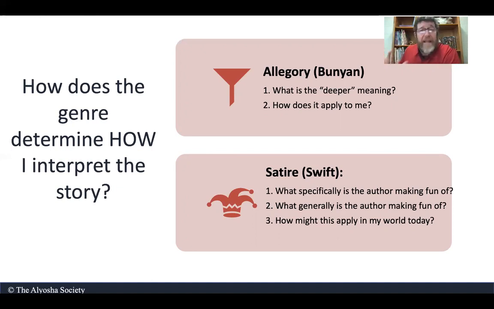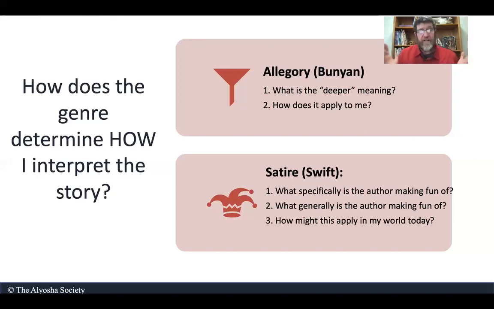It's basically making fun of something, in a sense. That's what a satire is. So what specifically is the author making fun of? But then, after you look at the specific thing that the author's making fun of, then you can draw out of that, okay, generally speaking, what's the general principle here?